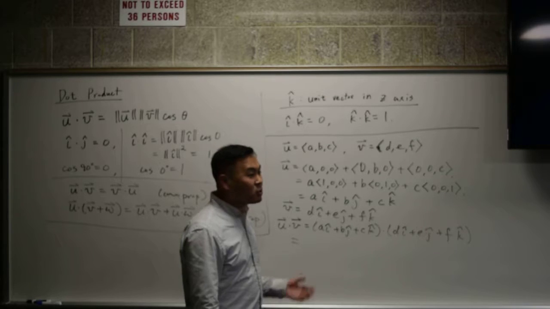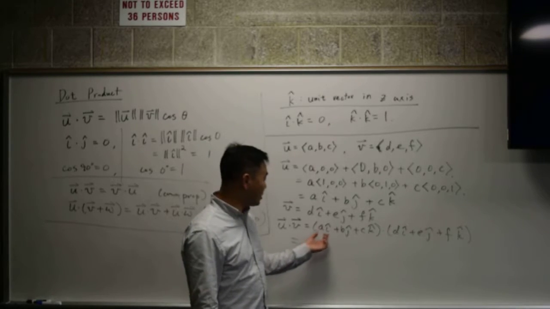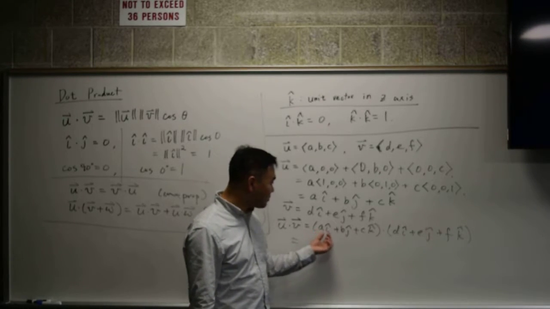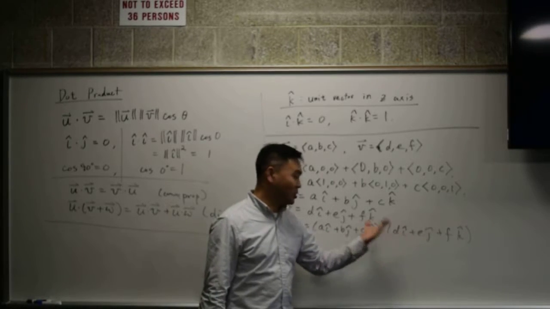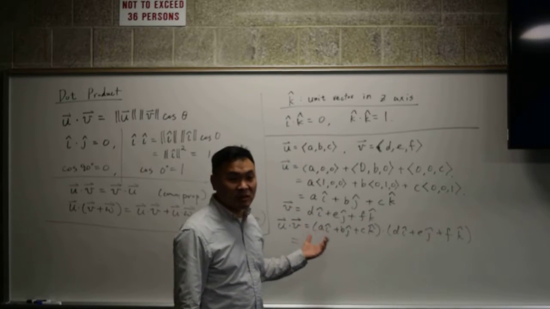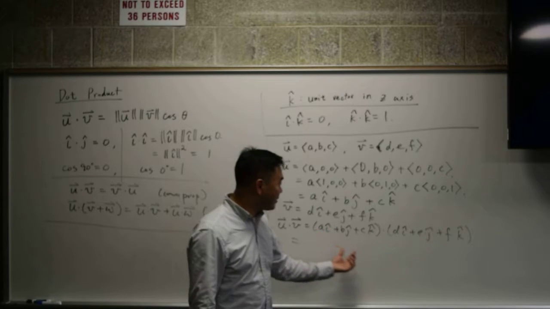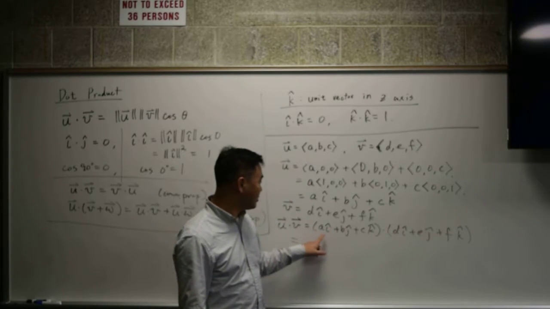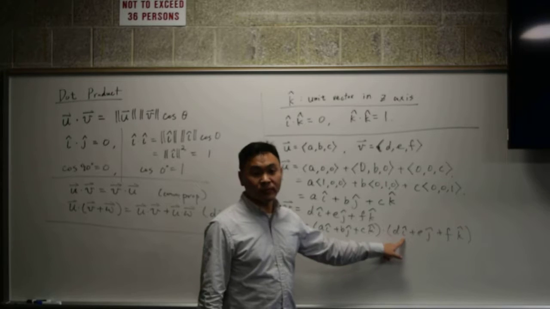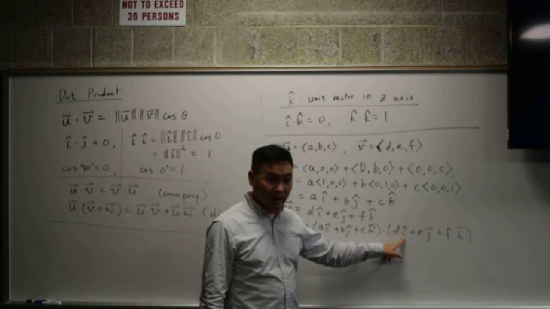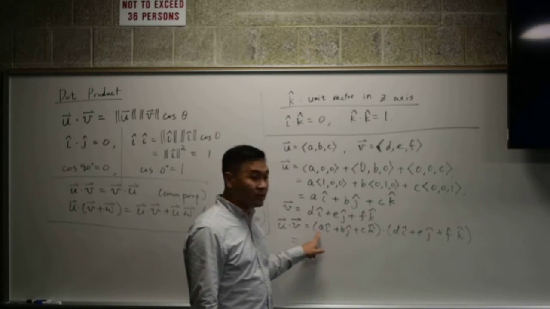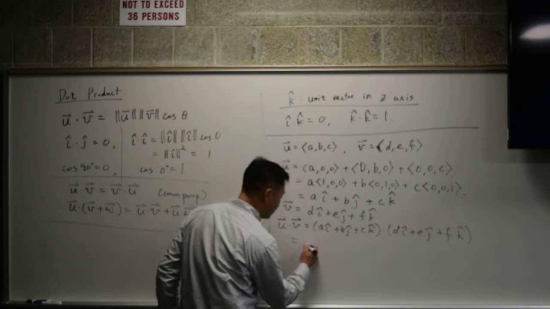But I don't want to write them all, because we can calculate mentally. What is AI dot DI? What would I dot I give you? 1. I dot I is 1. So what do you get? AD. Okay.